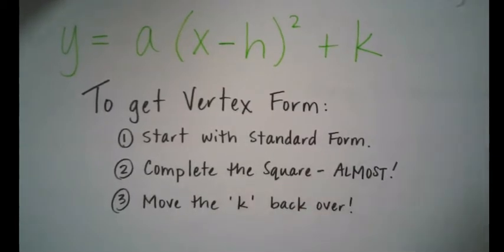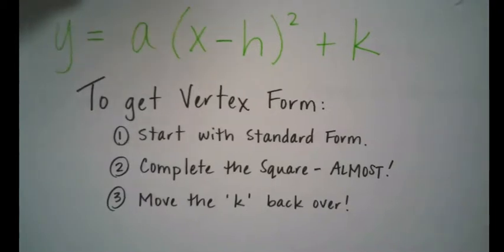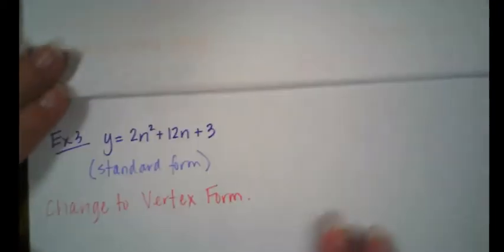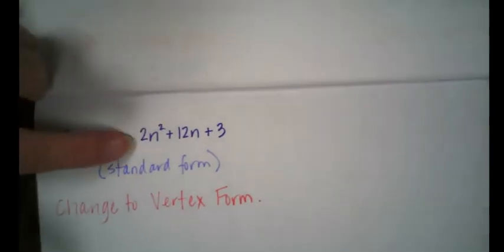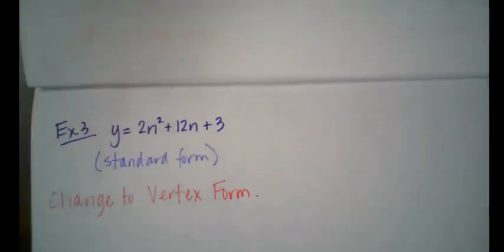I'm going to show you what that means, and then we're going to move the k back over. I'm going to ignore this y equals for a little bit, and just work through the problem like I'm used to doing, and then once we get down to the answer, we'll throw that y back in there.